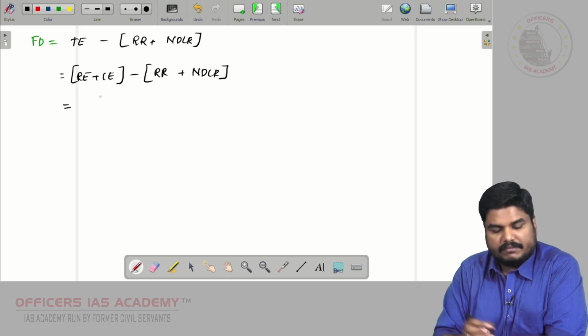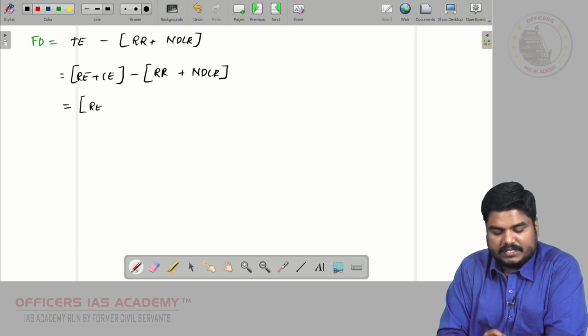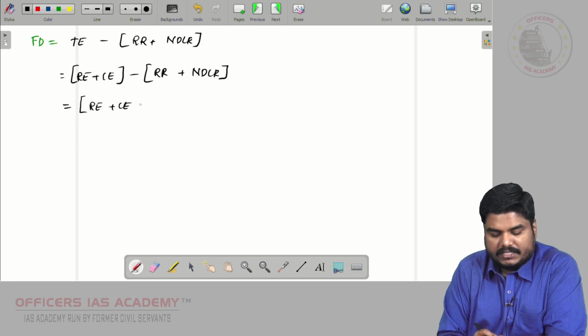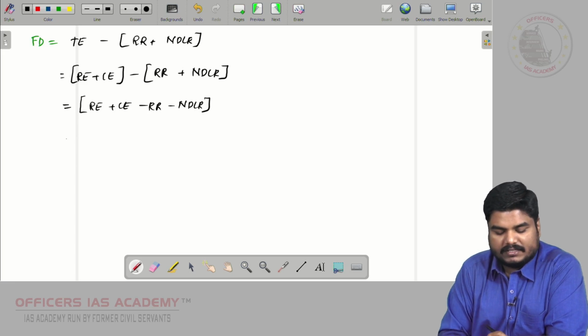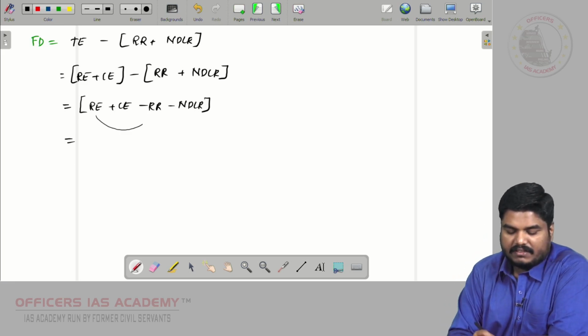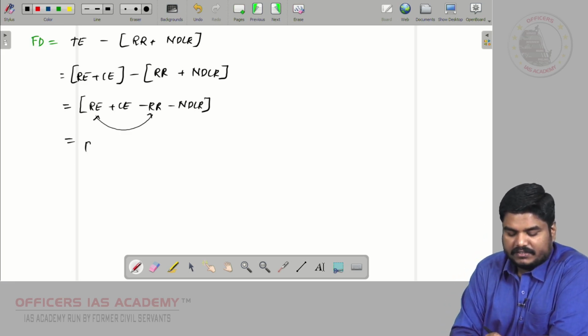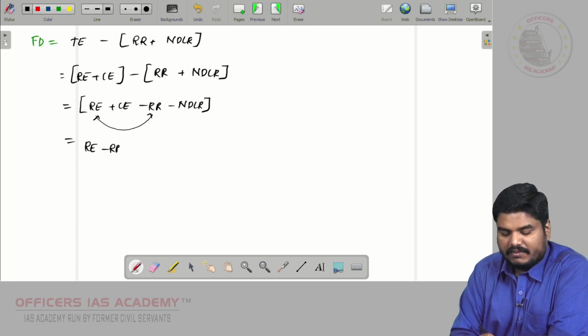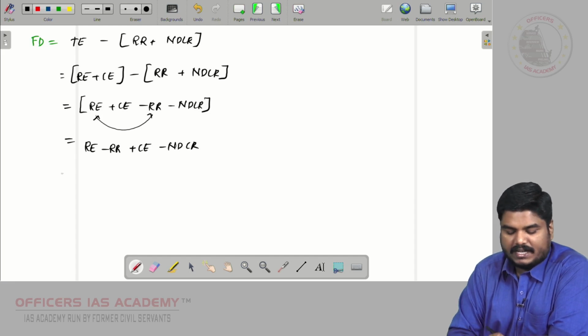What is my total expenditure? Revenue expenditure plus capital expenditure. So, I am opening up the brackets: revenue expenditure plus capital expenditure minus revenue receipt minus non-debt creating capital receipt. I am rearranging, bringing this together. Okay. So, revenue expenditure minus revenue receipt plus capital expenditure minus non-debt creating capital receipt.